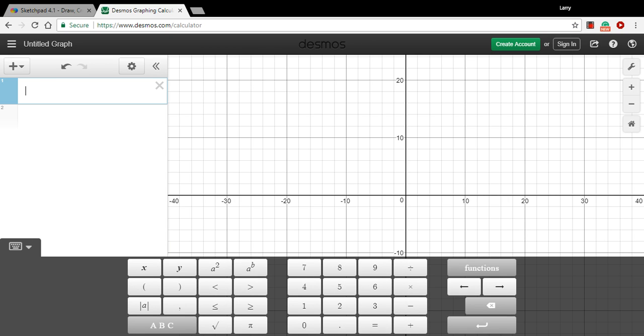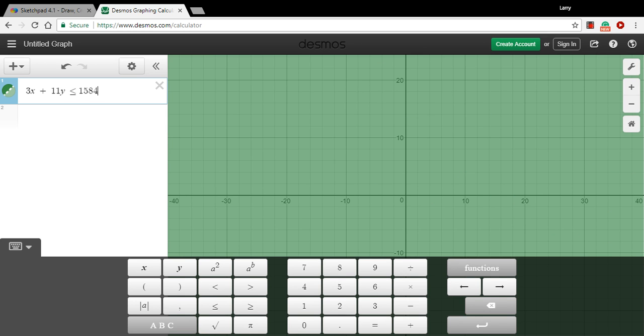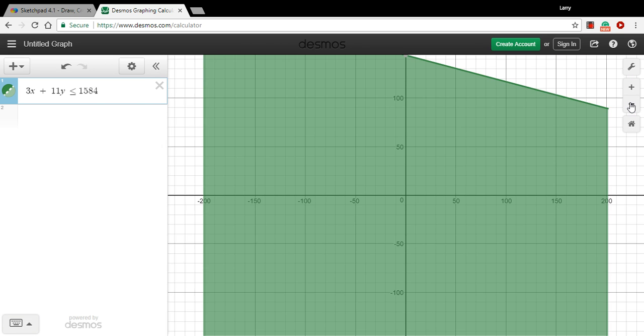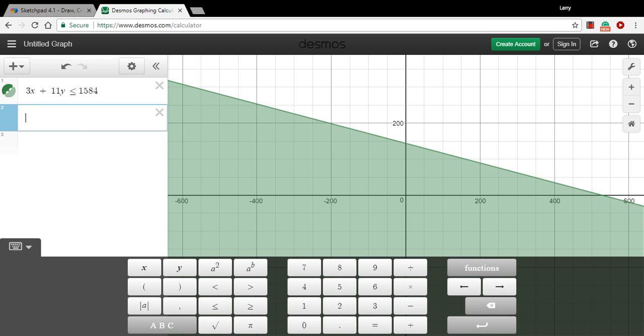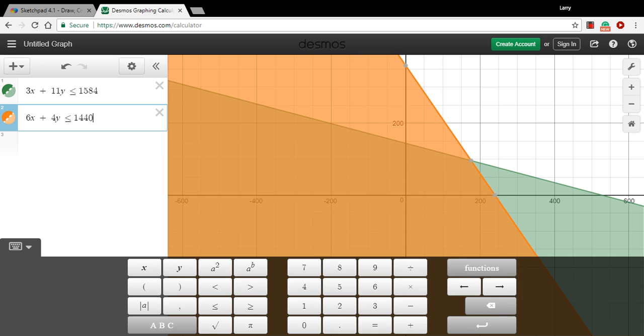So let's see, we've got 3x plus 11y is less than or equal to 1584. And let me just zoom out here a bit. Okay. And then we've got 6x and 4y less than or equal to 1440.